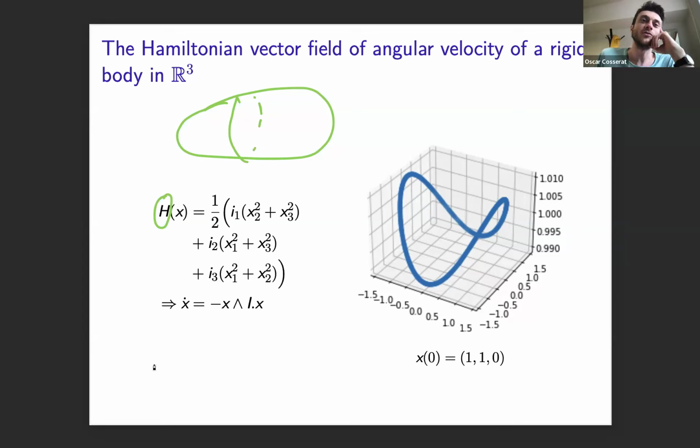And the second first integral, sometimes written I, is given by the square of the norm of X. Meaning that the second first integral has levels that are given by a sphere.